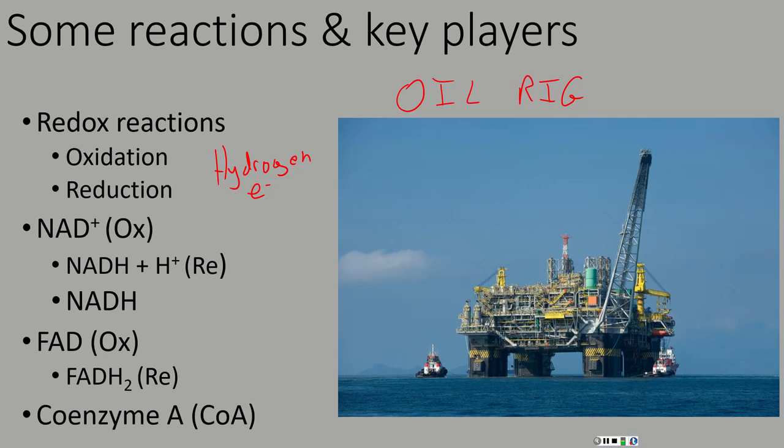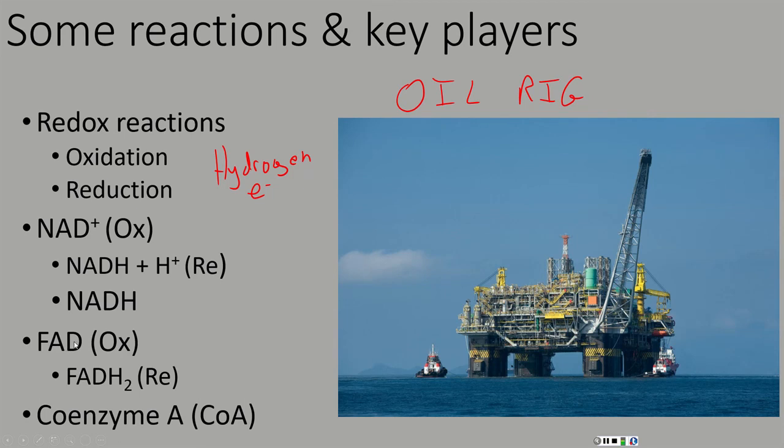So now let's look at some new terms that we're going to be using in the next lecture. We're going to be talking about two key players called nicotinamide adenine dinucleotide, or NAD+, and flavin adenine dinucleotide, or FAD. Now, you do not need to know what NAD+ and FAD stand for.